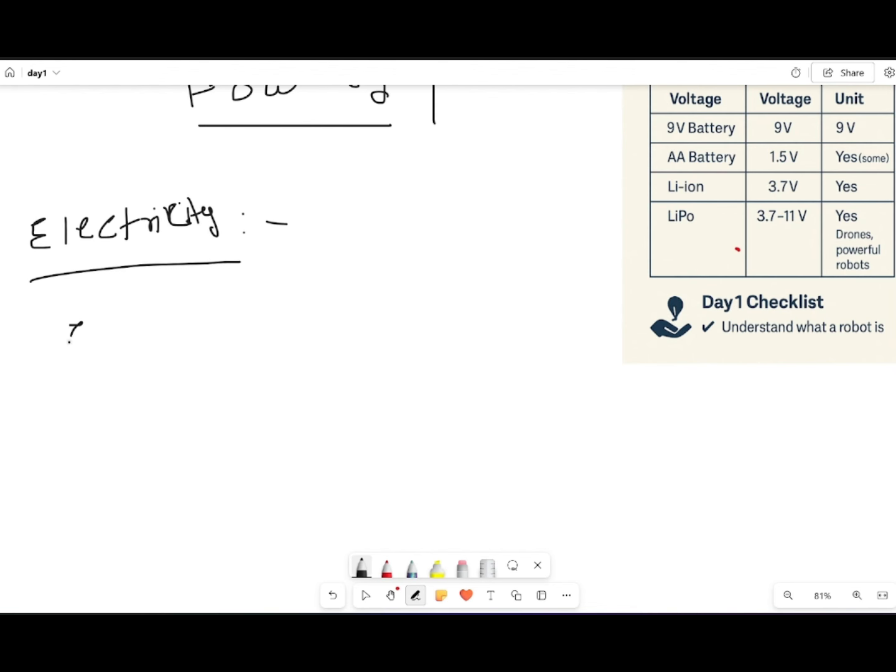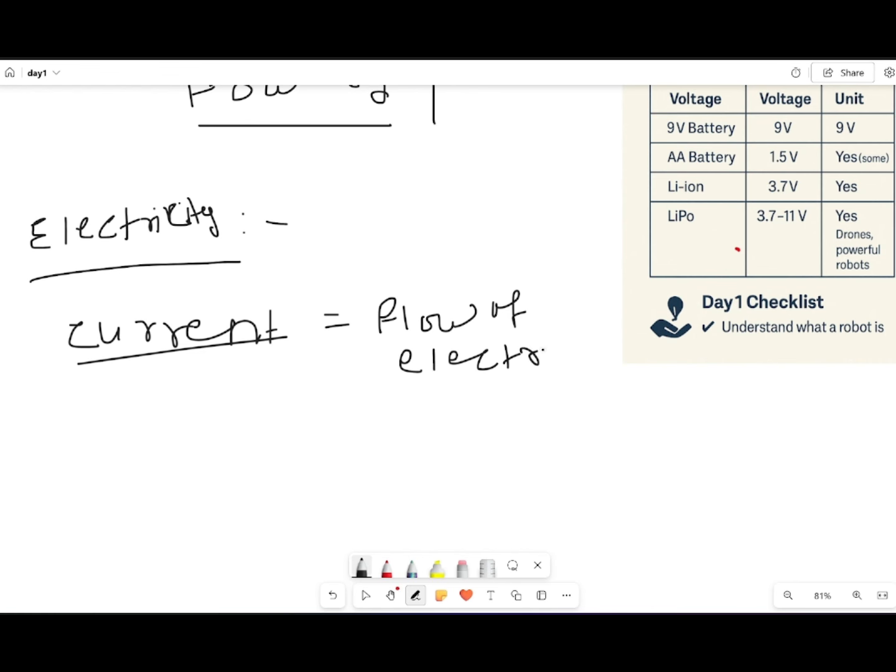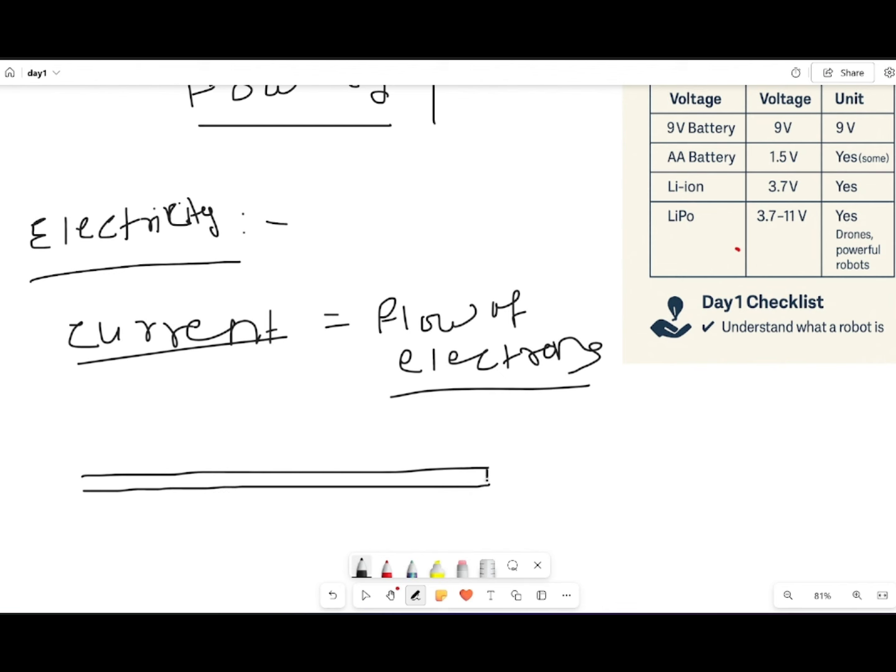And what is a current? Current is a flow of electrons. Clear? We all know we have three types of materials. First one is conductor, then semiconductor, and insulator.